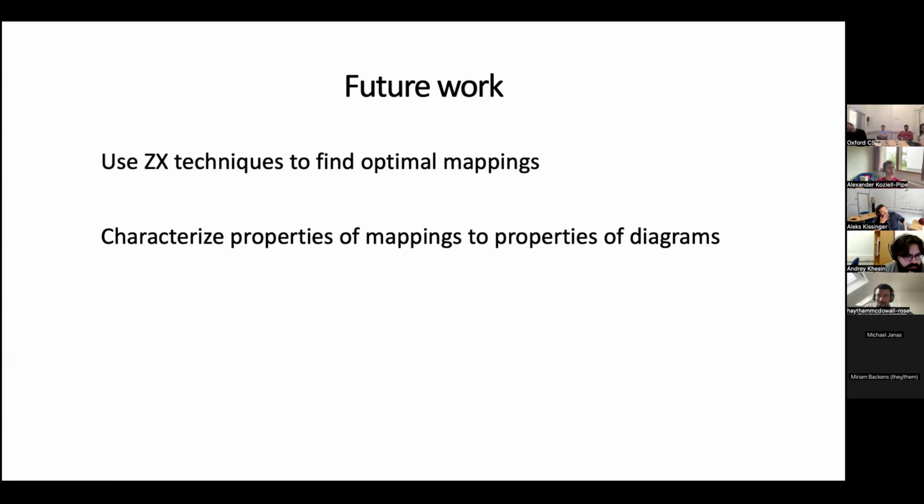Another thing that would be interesting would be to see how the characteristics of fermion qubit mappings themselves correspond to the properties of their diagrams in ZX, and also to look more into the connection between quantum error correction and fermion qubit mappings, because some similar techniques are used in quantum error correction. For example, the scalable ZX recursion stuff, and also the surface code looking squares.